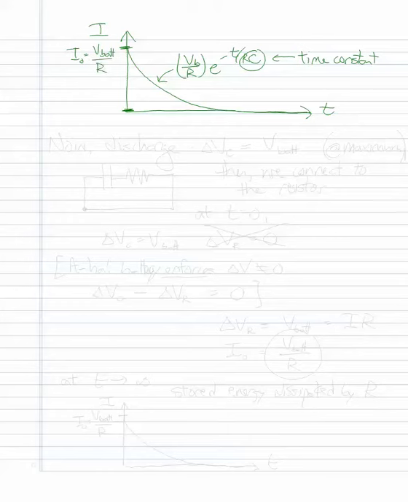So now consider this. If we discharge the battery, therefore we have a capacitor and a resistor, and now we're just going to have a fully charged capacitor, meaning that the potential drop across the capacitor is equal to the battery. In other words, it's at maximum.